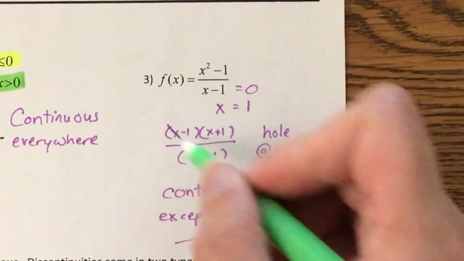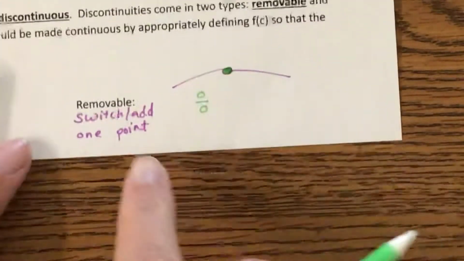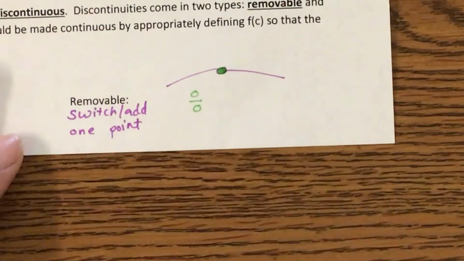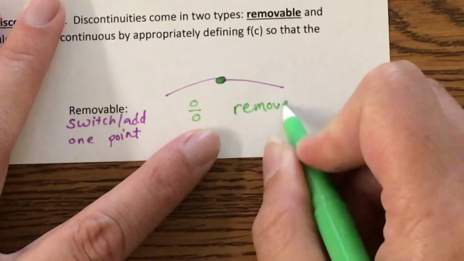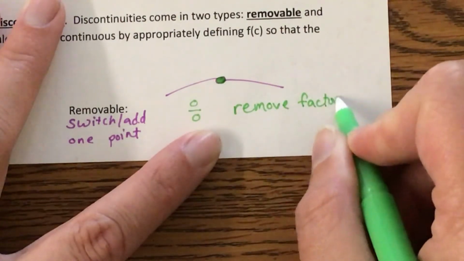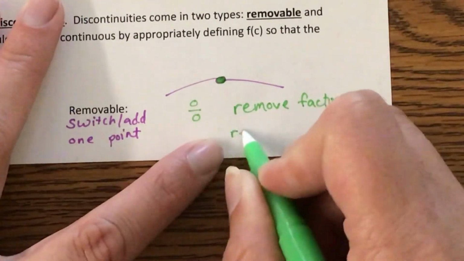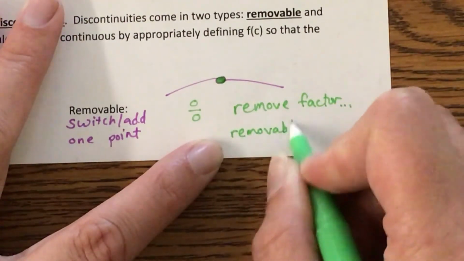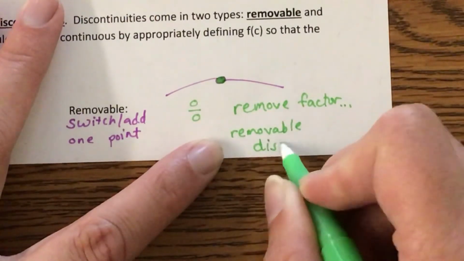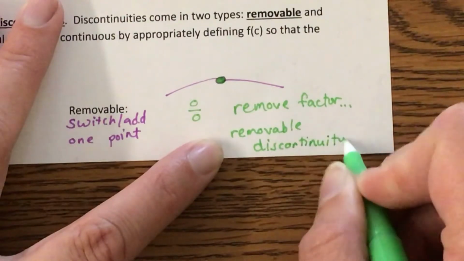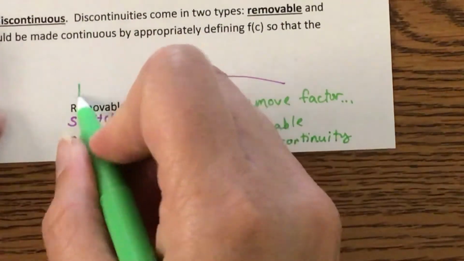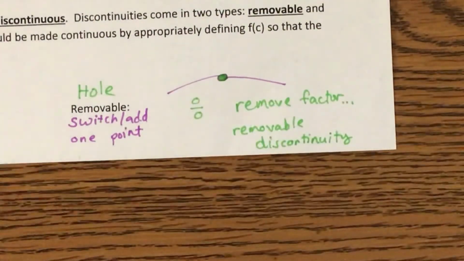So if you can remove the factor, it is a removable discontinuity. Okay, so anytime there is a hole, it's a removable discontinuity.